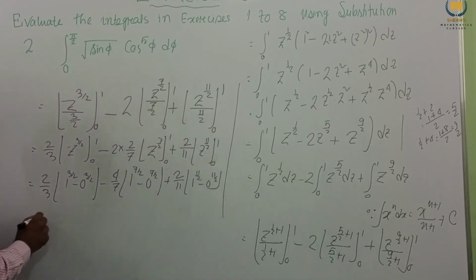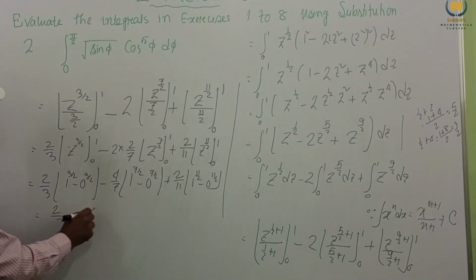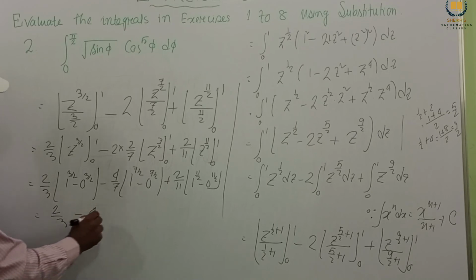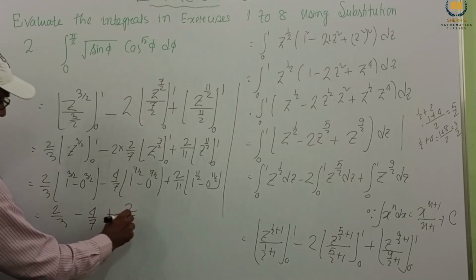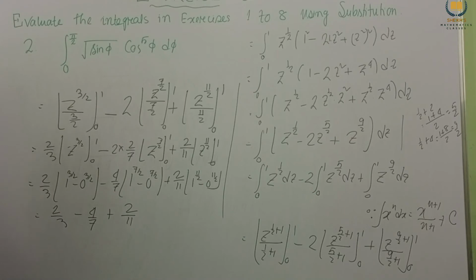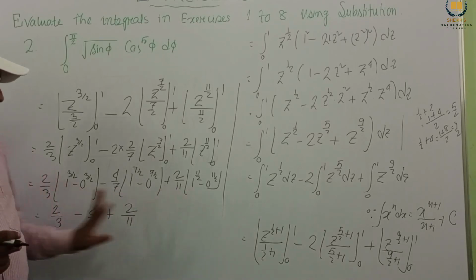So ultimately we get 2 by 3 minus 4 by 7 plus 2 by 11. This is 1, this is 0, directly 1, this is 1, this is 1, then we get this.